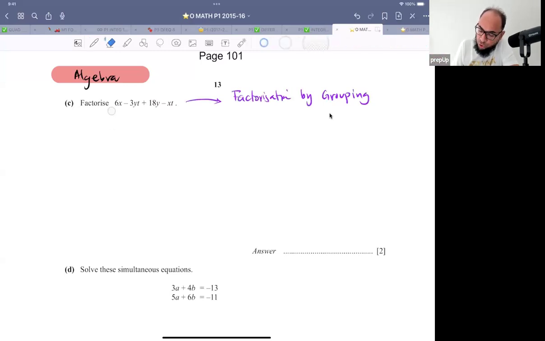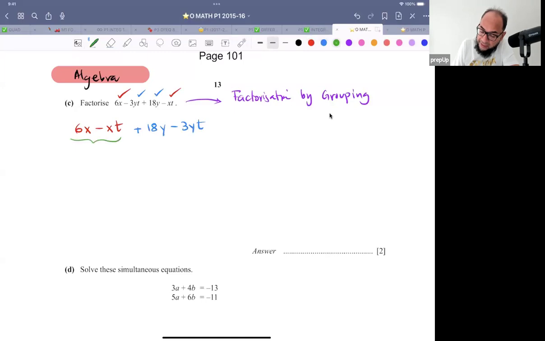So I think that's no use. Let me rearrange. Let me choose 6x. Let me choose xt. I'll write 6x minus xt. Let me choose negative 3yt. Let me choose 18y. So this is 18y minus 3yt. Now it makes more sense.